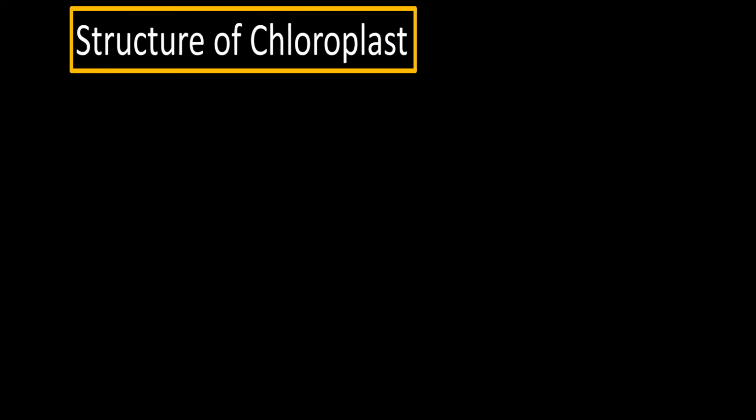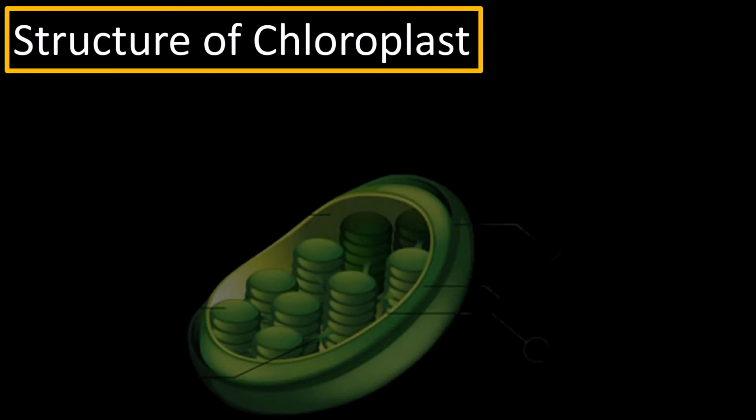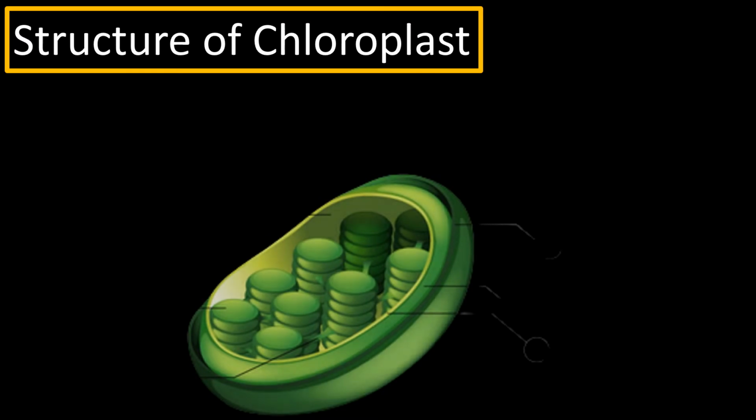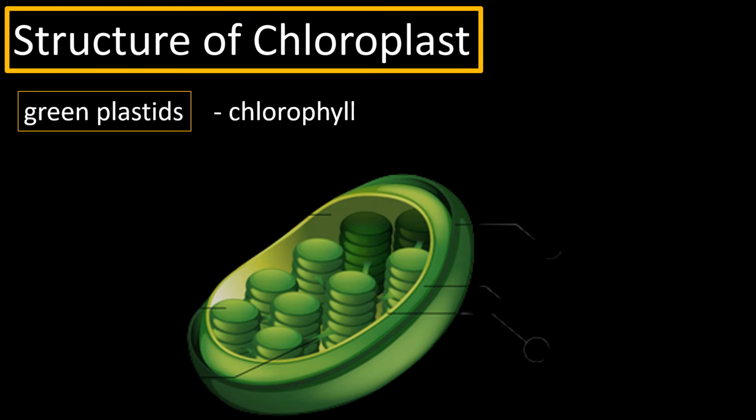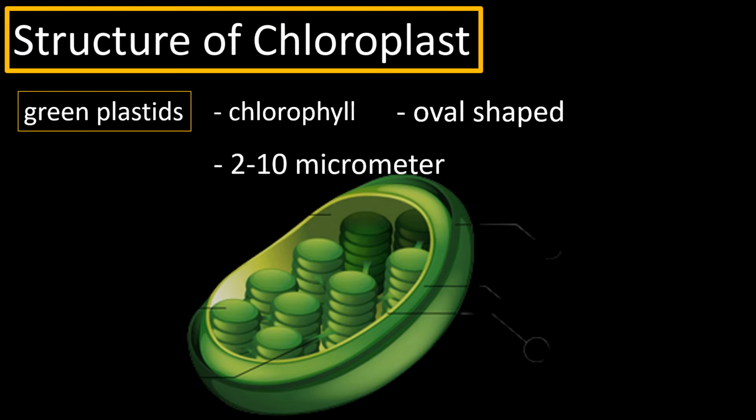Let us learn the structure of chloroplast. Chloroplasts are green colored plastids. They have chlorophyll pigments. The chloroplasts are oval shaped organelles found in plant cells. The diameter of chloroplast is 2 to 10 micrometer.